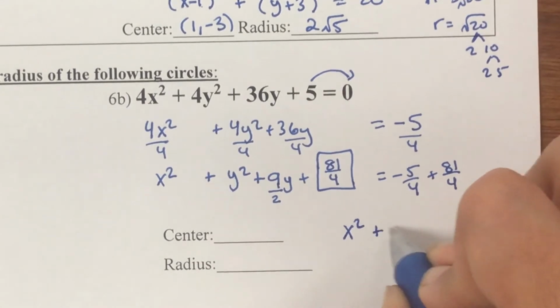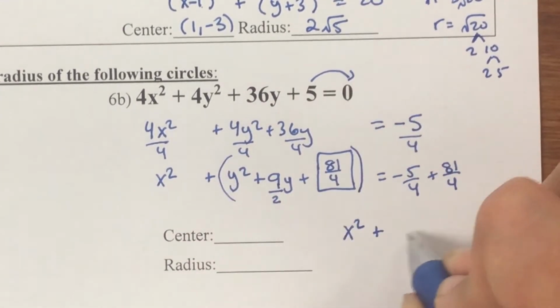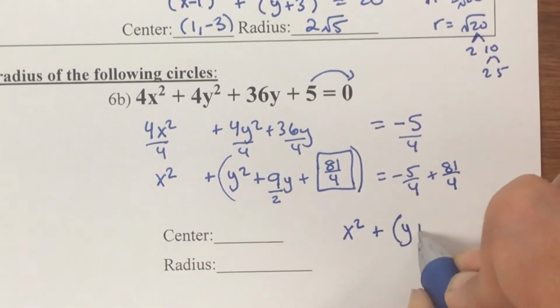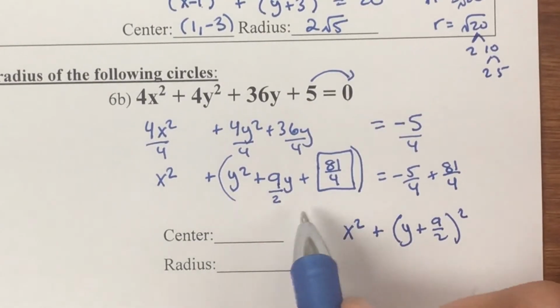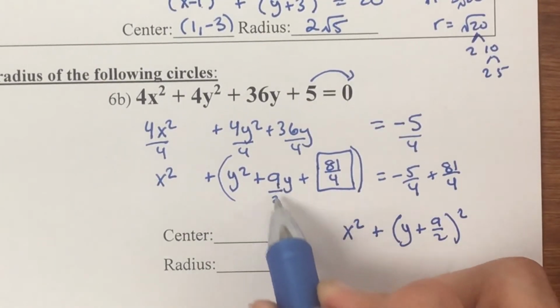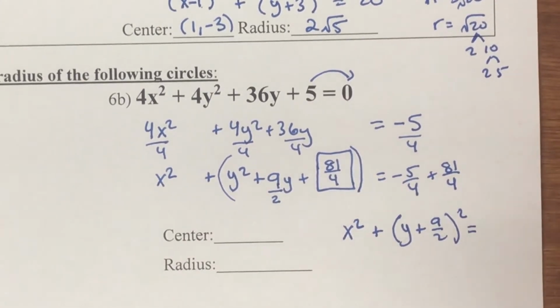We have x squared plus, this is going to factor nicely into y plus 9/2 squared. Again, that comes from taking half of your middle term, equals, and then we are going to have 81/4 minus 5/4 is 76/4.